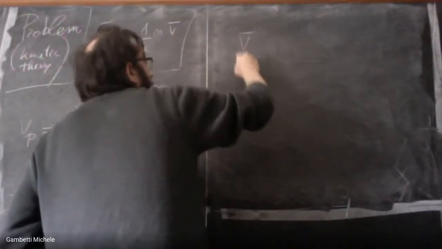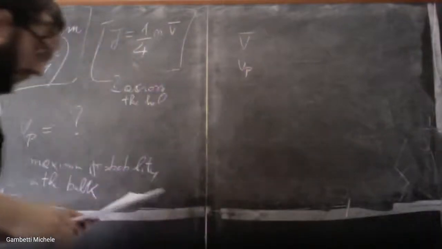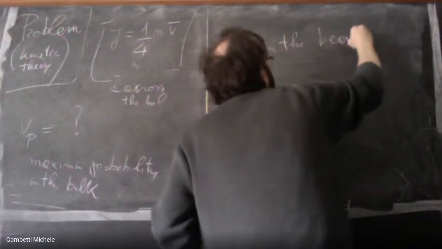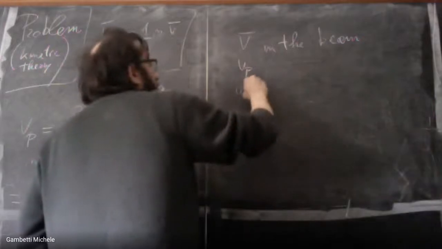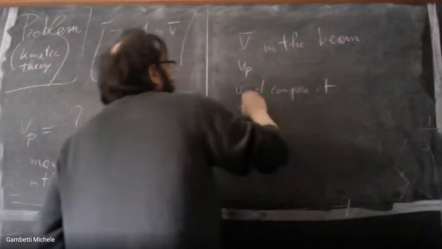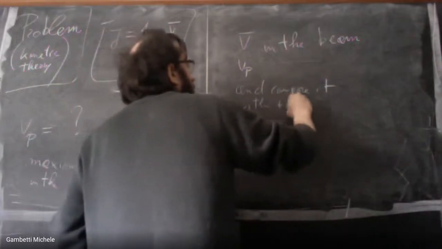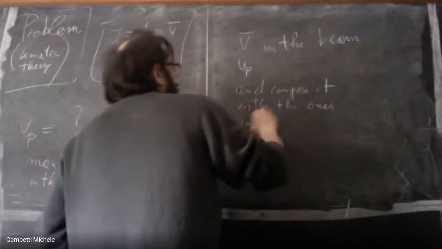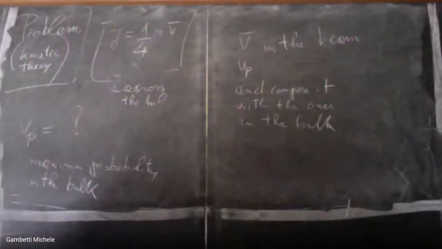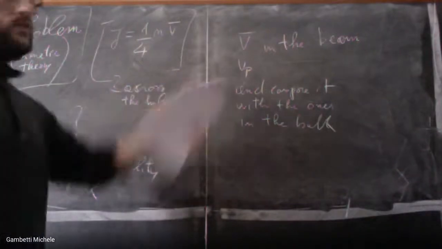You can try to compute the average velocity, V, and the most probable velocity, Vp, also in the beam, and compare them with the ones in the bulk. So you will see that the average velocity and the most probable value are larger.